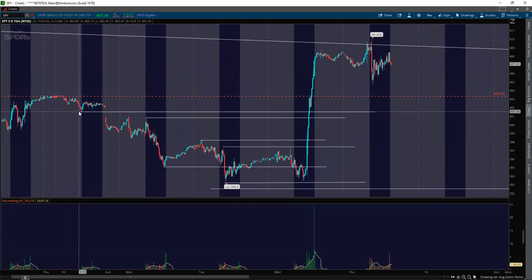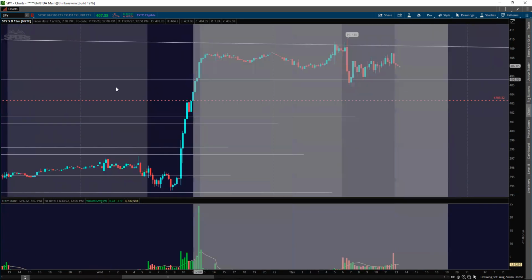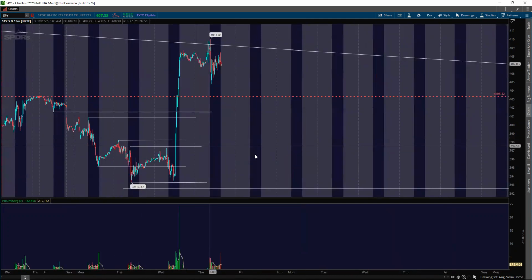But all we need to do is identify where people have decided, hey, this is so cheap, I'm going to buy it, or the opposite: hey, this is too expensive, we're going to start selling it off and taking profit here. That's all we're doing as traders. So seeing where this has happened historically allows us to create a little bit of a guideline for how we operate.